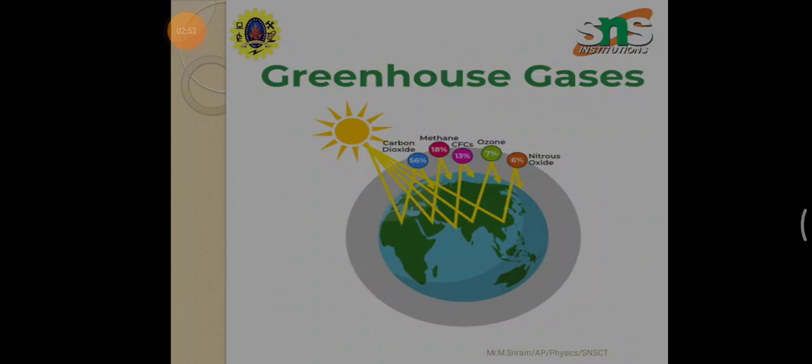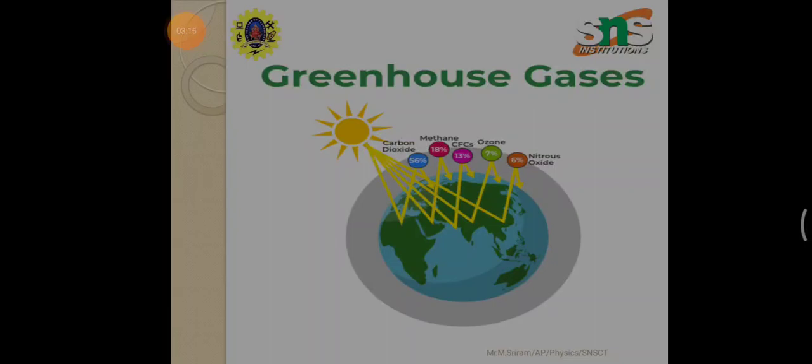Nitrous oxide also has human sources, fossil fuel burning and fertilizers, livestock wastage. This greenhouse gas stays in the troposphere for 114 to 120 years.